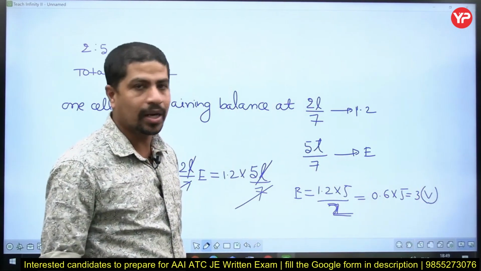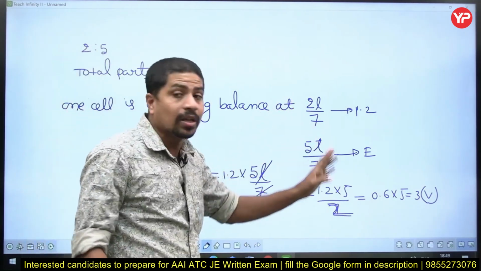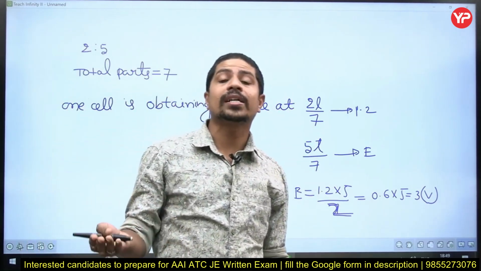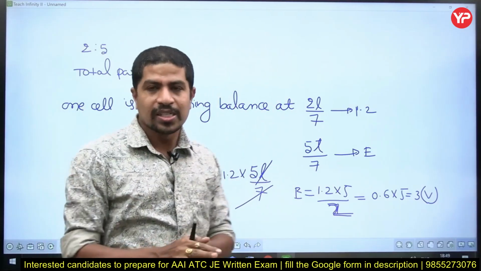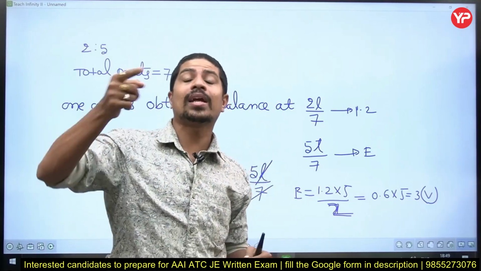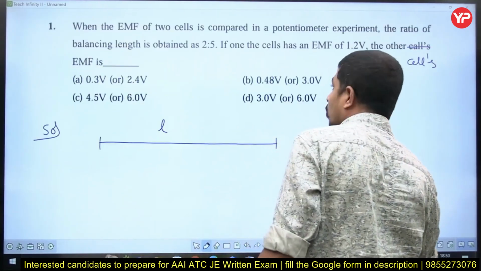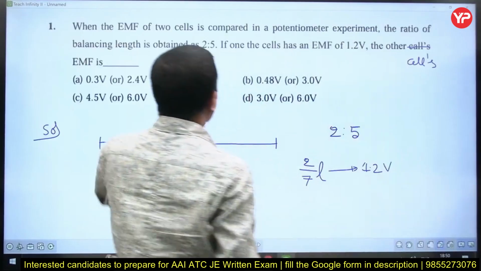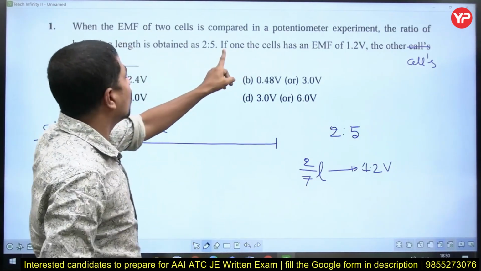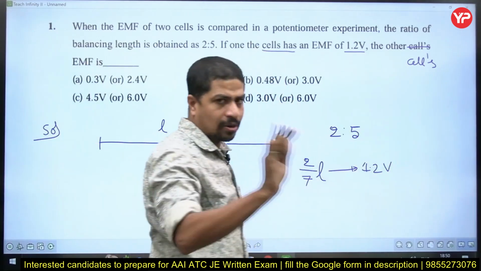Okay, sir, got it. But sir, you assumed one of the cells at 2L/7. What is the case if it is getting 5L/7? See, he has given 2 cells. He mentioned that one of the cells got balance at one length, but he did not mention which cell got 1.2.